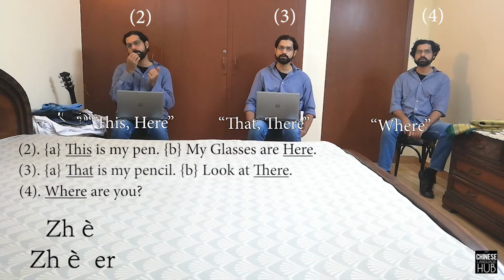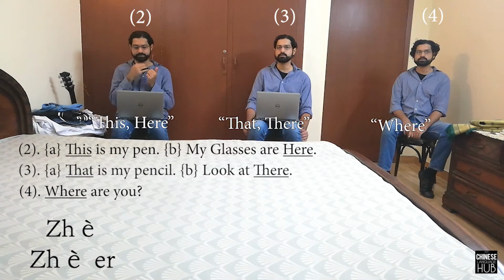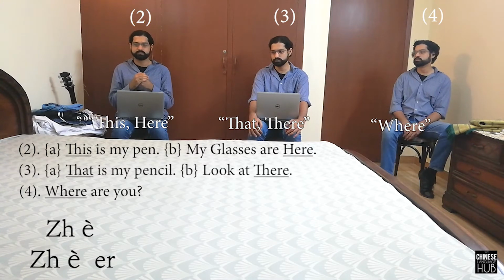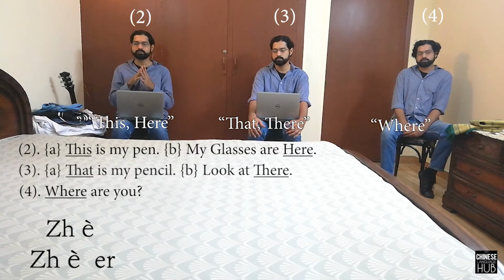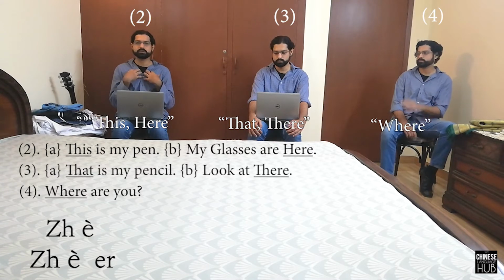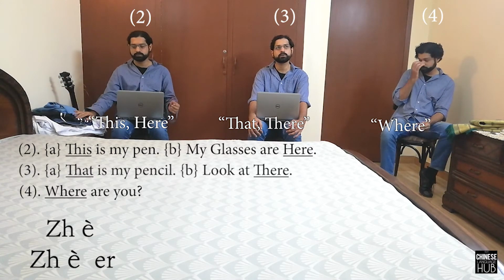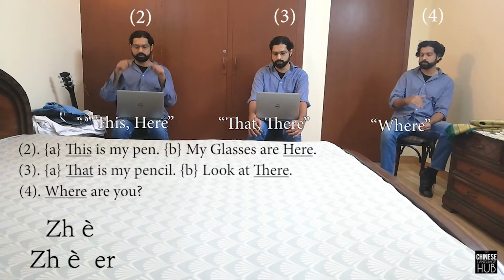Now, replace the word here in the second sentence of student number 2. My glasses are here. So, the sentence would become, my glasses are chur.